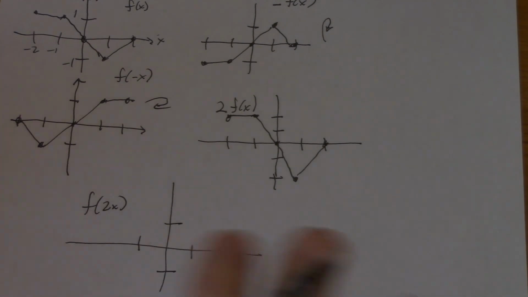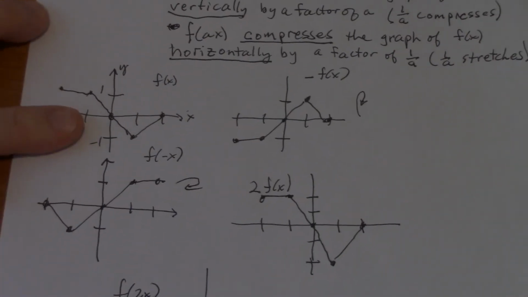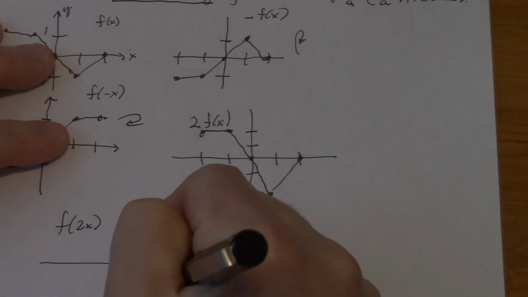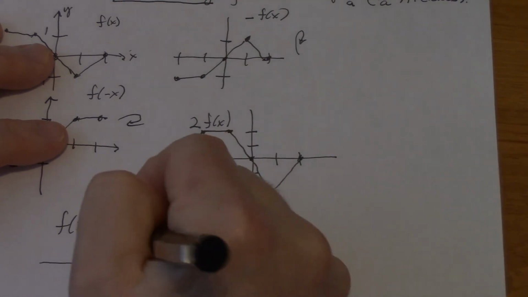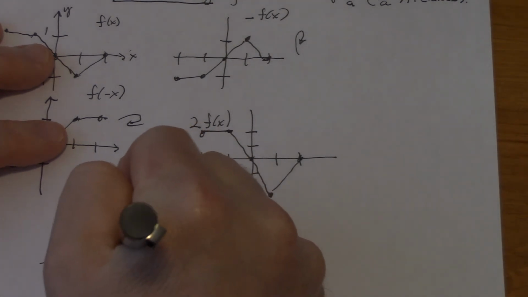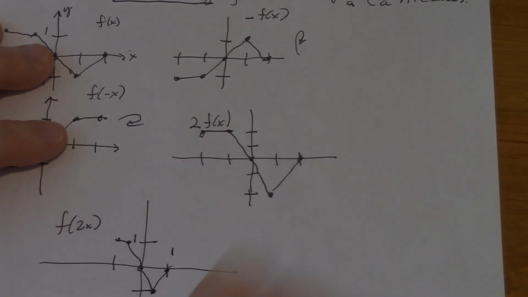Okay? It doesn't do anything vertically, so don't make it go up higher or anything like that. We're going to run, like I say, the same course, just twice as fast. So it's going to look something like that, and let me make sure I put a 1 there so you can get the idea of scale.